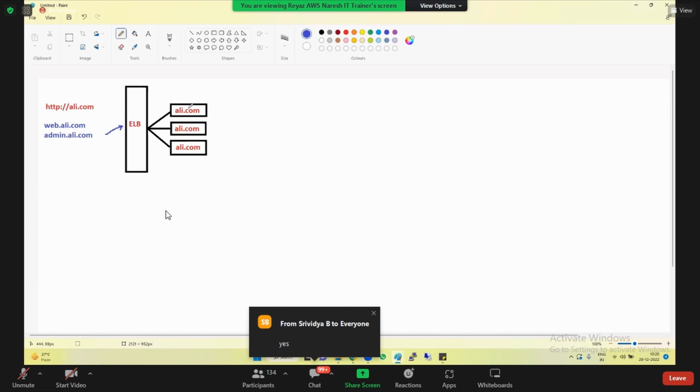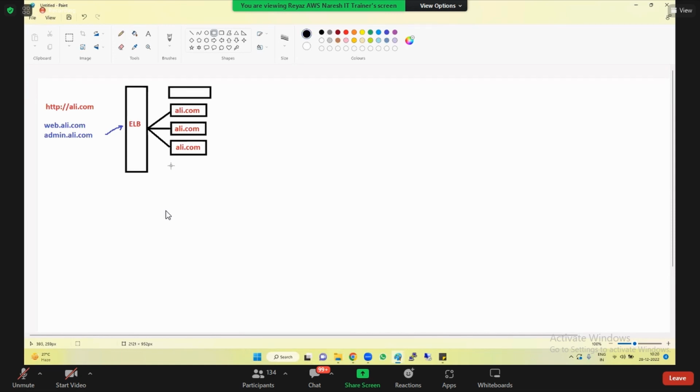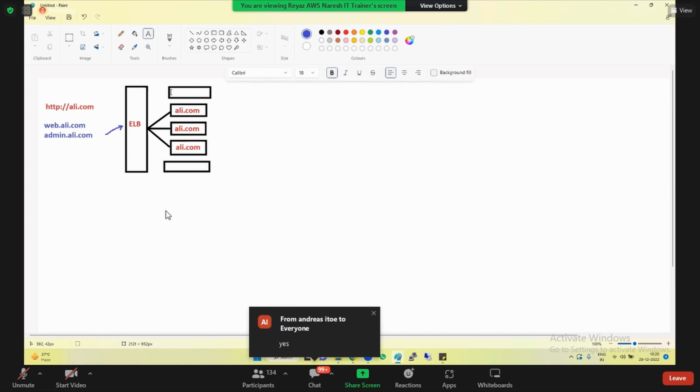Google.com is different. Images.google.com is different, correct? So is it possible for me to set up one more EC2 instance here and put web.ali.com? Is that possible?